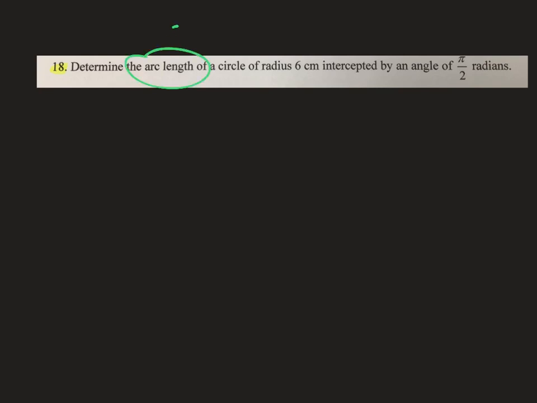Arc length, we call it S, and that's gonna be R times theta, okay? Now, one key factor to remember here, R is my radius, theta is my angle, but theta needs to be in radians. Theta in radians. So if it's not in radians, what are you gonna do? Change it to radians, okay?